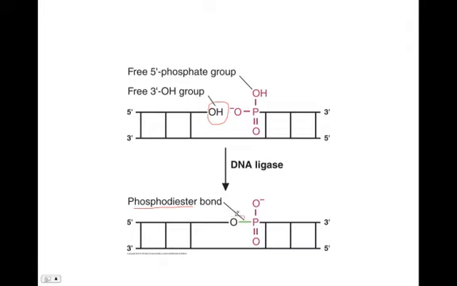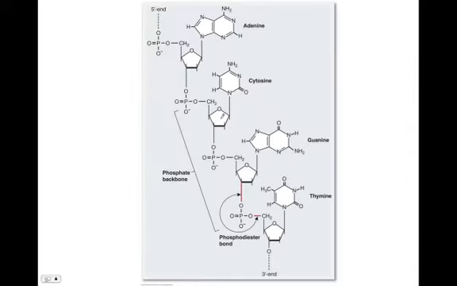This new phosphodiester bond is shown here. Remember, this hydroxyl group is on the 5-carbon sugar of the nucleotide. Again, the phosphodiester backbone shown here. C2 of the 5-carbon sugar, forming this phosphodiester linkage. Here are our base pairs again: adenine, cytosine, guanine, and thymine.